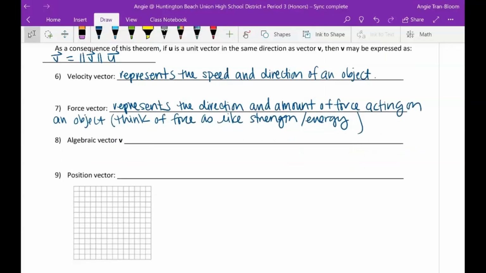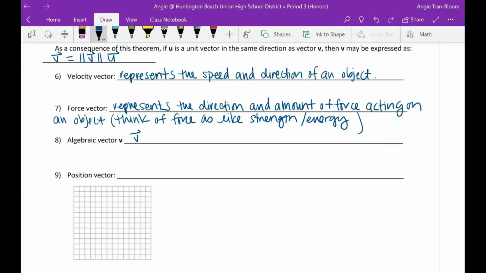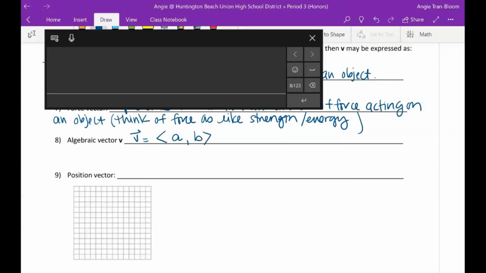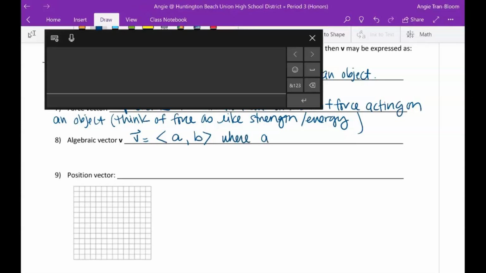Algebraic vector v. Let me give you the vector notation by hand. Algebraic vector v is going to be like that arrow, and in here we have two components, an a component and a b component, where a and b are real numbers.